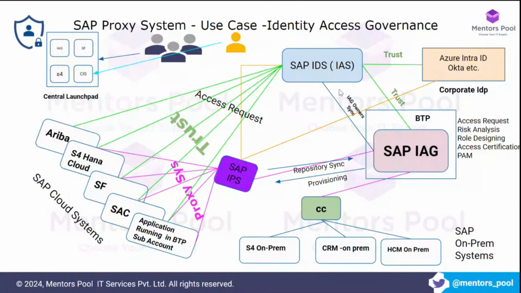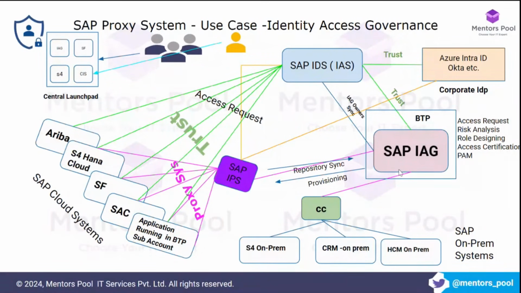IAG owners, which are defined in IAS, will be pulled using a BTP destination in the sub account, and then IAG will know who is the workflow admin, who is a role owner, and so on. If you know GRC, you will understand the different owners, right? If we want to access this, the launchpad is available separately, which again trusts this IAS only. Okay, so this is your IAG.